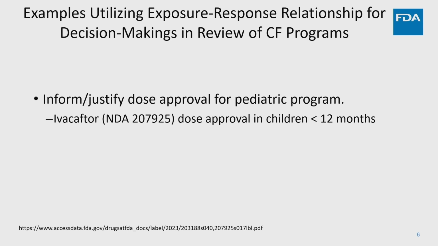Today I will share two case examples that we experienced at FDA for cystic fibrosis drug development. Both examples are related to dose adjustment or exposure matching. The first one is abacavir, the approval in pediatric patient populations less than 12 months.